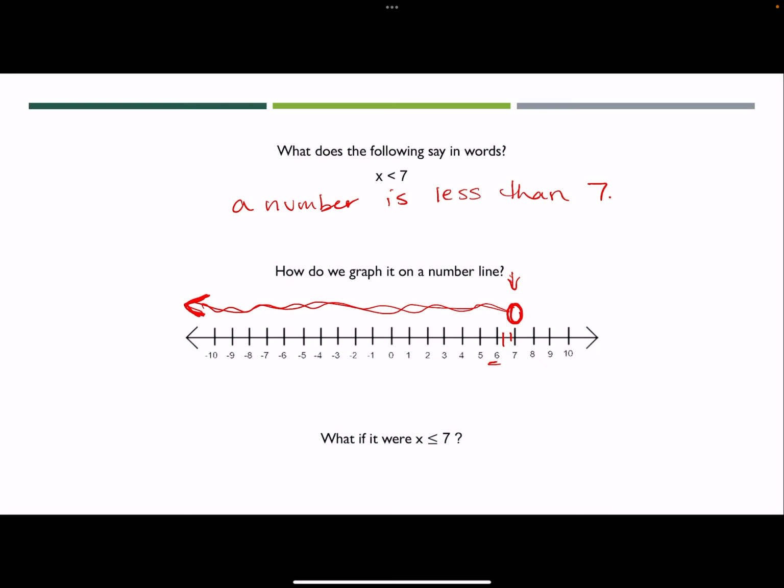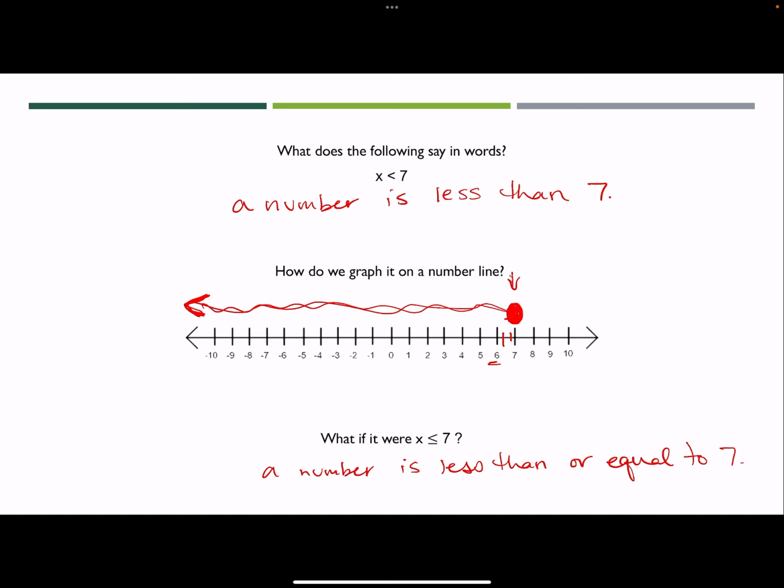Then that would be a number is less than or equal to 7, right? So then I would want to include the 7. I could shade this circle in. We call this a closed dot or a closed circle because 7 is a solution now. So we would start at 7 and go everything to the left of it.